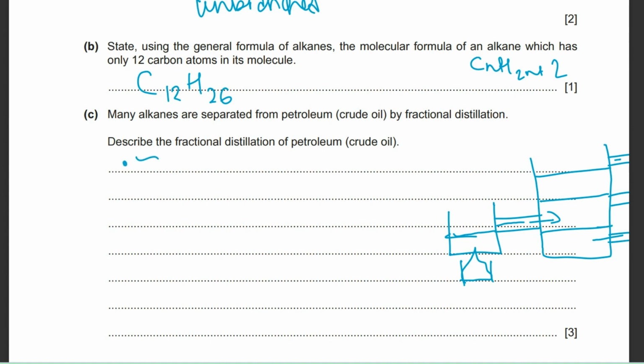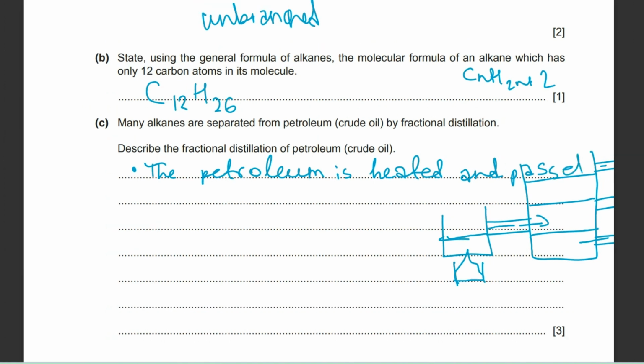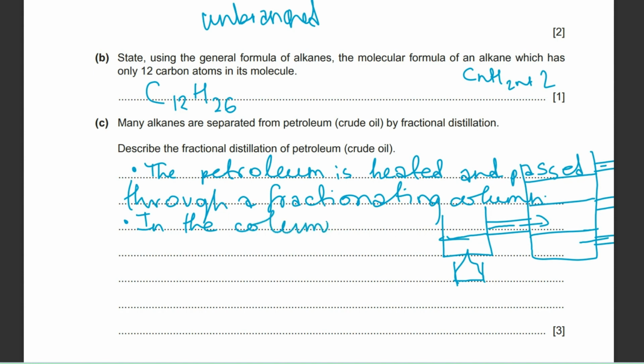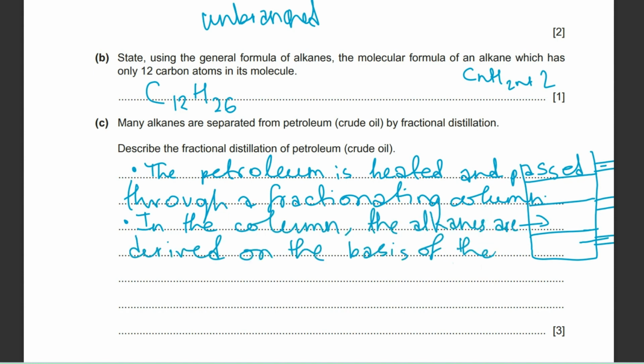First point is the petroleum is heated and passed through a fractionating column. In the fractionating column, the alkanes are separated on the basis of their boiling point or mass.